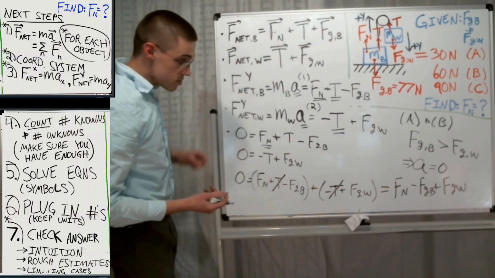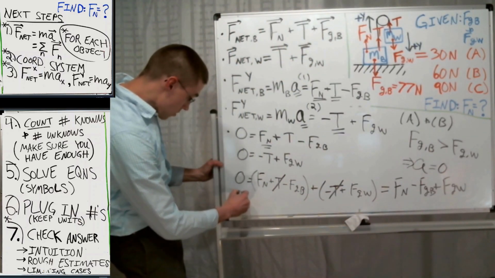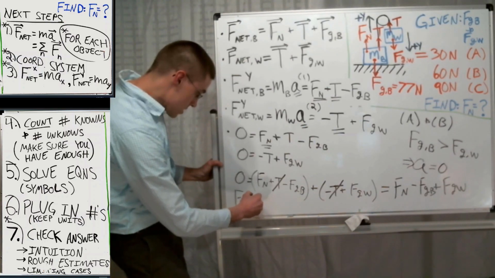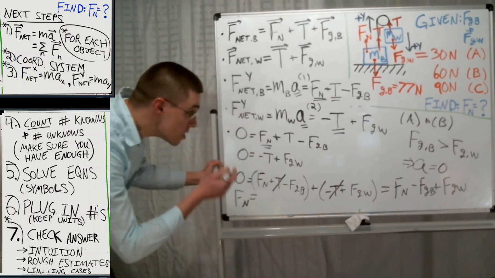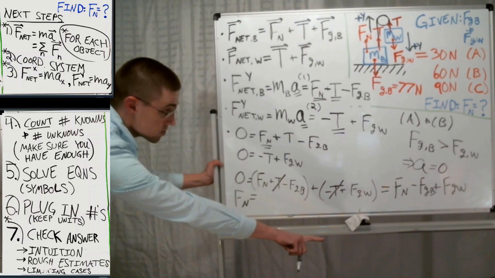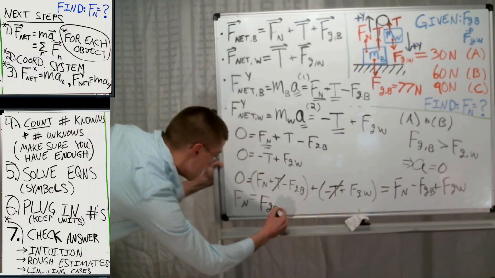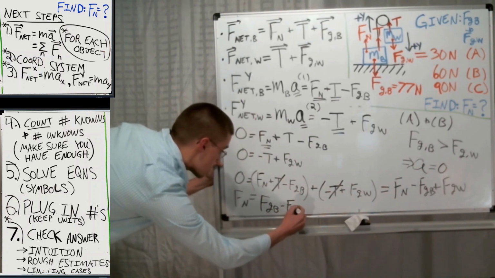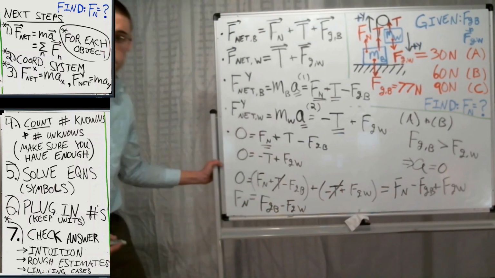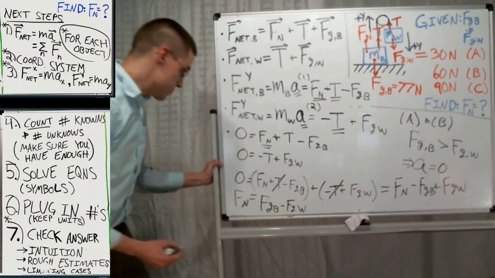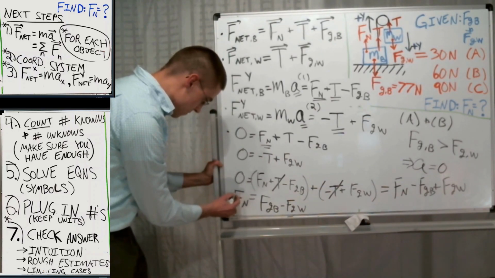In other words, the normal force is equal to, adding across those other two terms, F, the force of gravity, B, minus the force of gravity, W. Okay, this is exactly what I was asked to find.